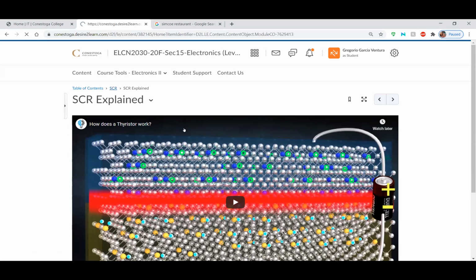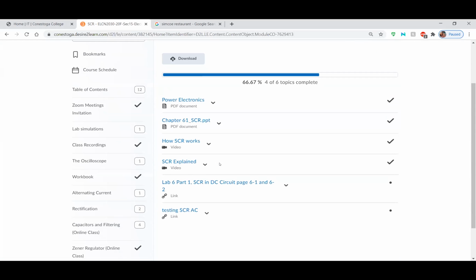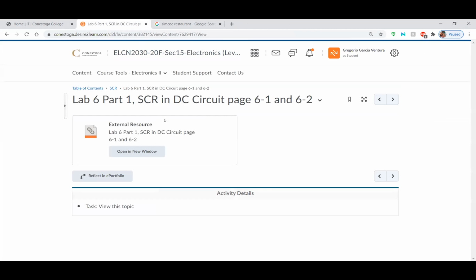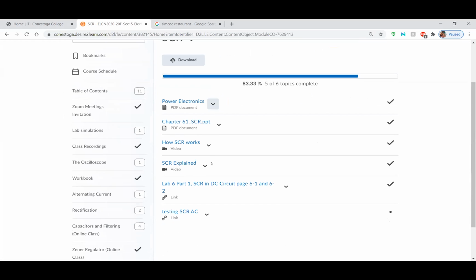Okay, so something else that I want you to be able to do as well is that once you go through all these different videos and also the PowerPoint, I want you please to take a look at this circuit, which is an SCR in a DC circuit. And also there's going to be another simulation that I have done for you.